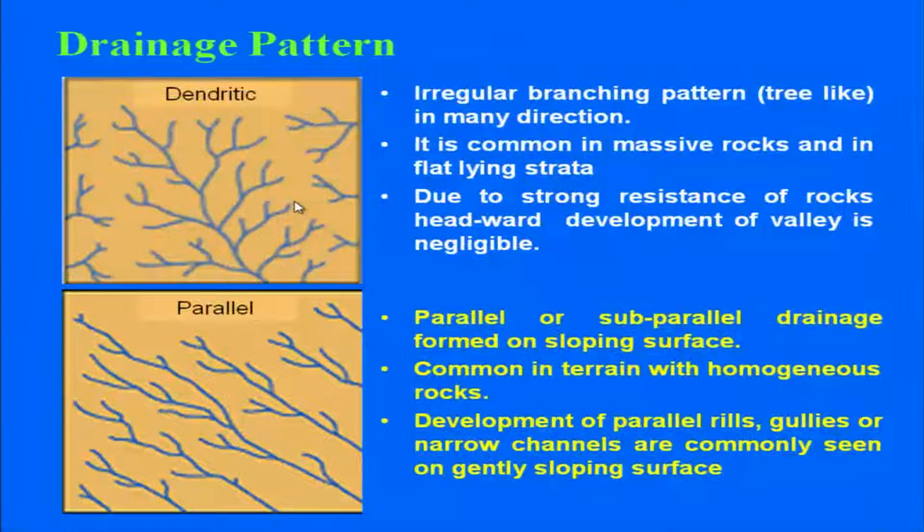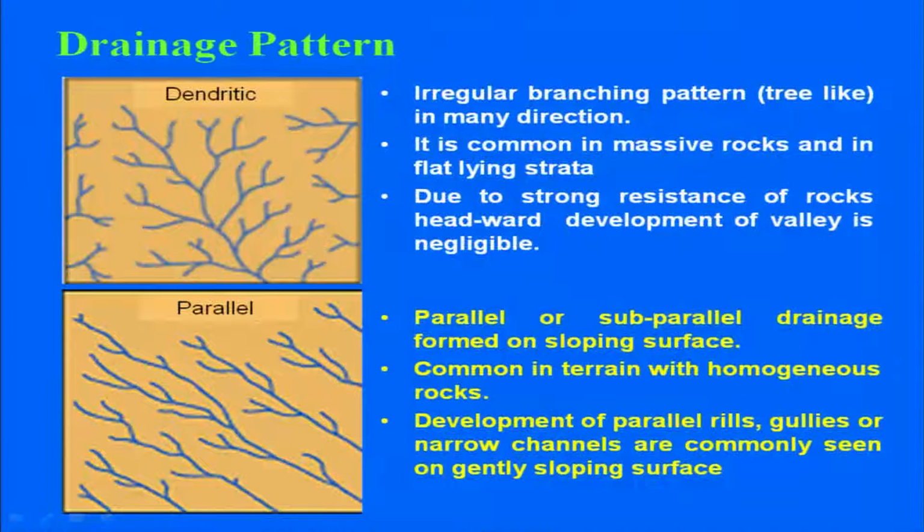Then we have parallel drainage. So parallel or subparallel drainage forms on sloping surface, common in terrain with homogeneous rock, and development of parallel rills, gullies or narrow channels, commonly seen on gently sloping surface.